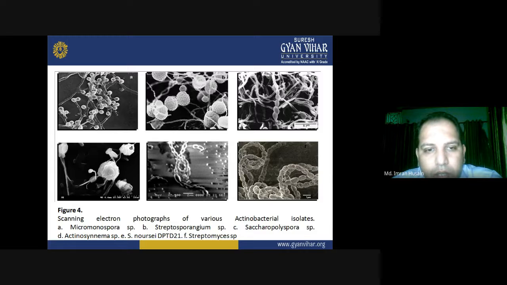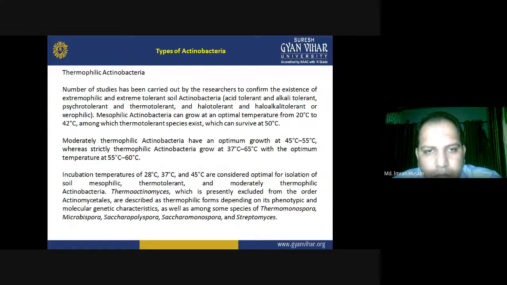So there is a lot of variation that you can see. Types of actinobacteria.